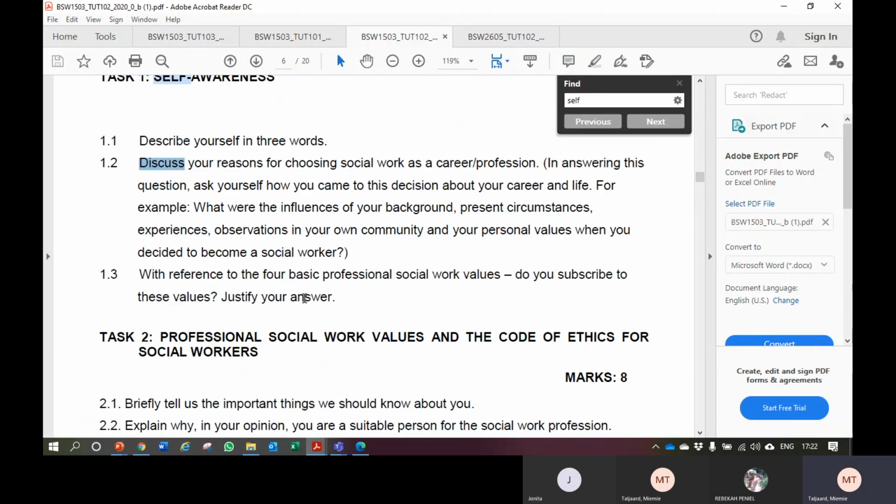And then here, with reference to the 4 basic professional social work values, do you subscribe to these values? Justify your answer.